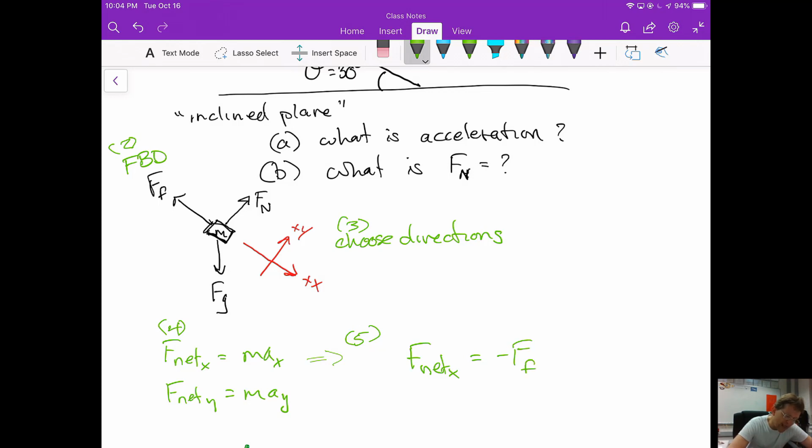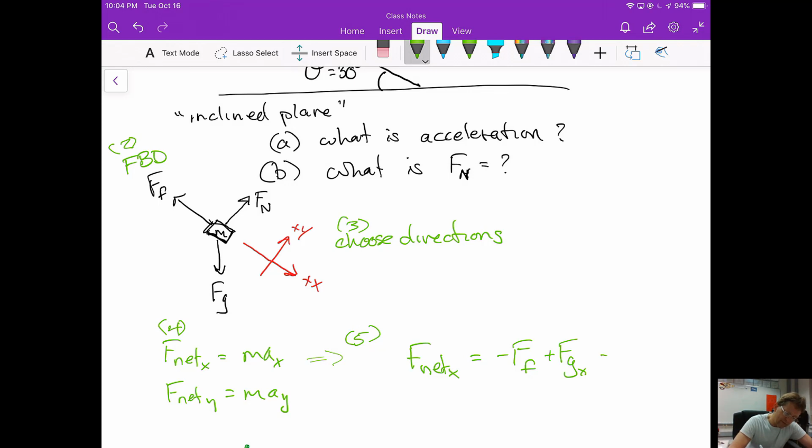And Fg has an x component in the plus x direction. Look at Fg and look at the x-axis, and you can see that Fg has a projection along the x-axis, which we'll draw in a second. But I'm going to write that as plus Fg sub x. We can take the components at any point, but I'm just going to write it as the x component of Fg. Okay, that's F net x.